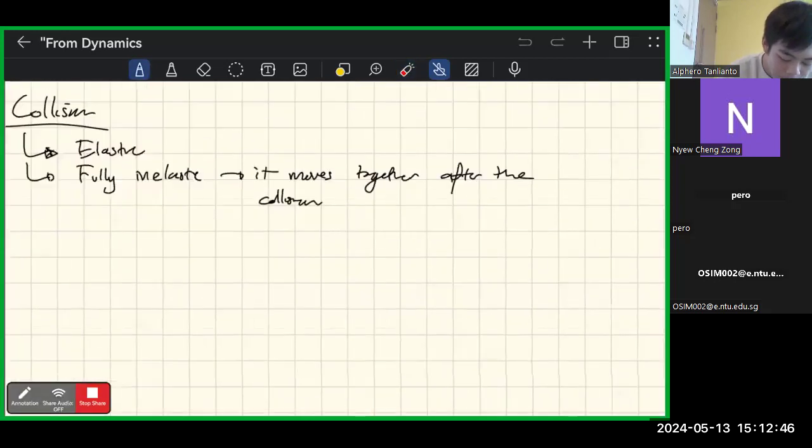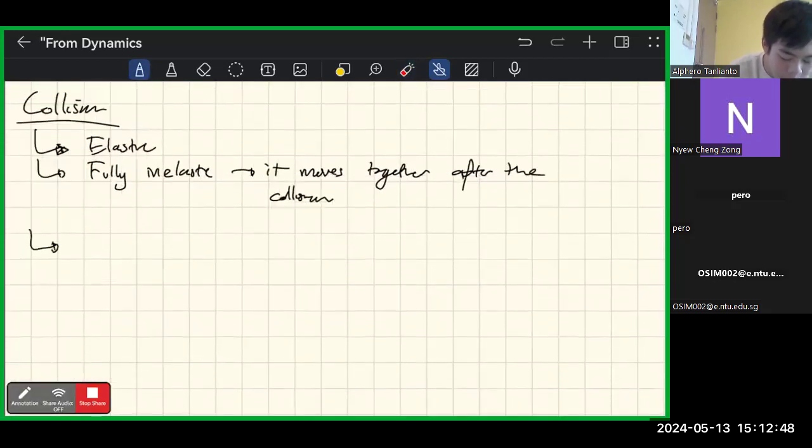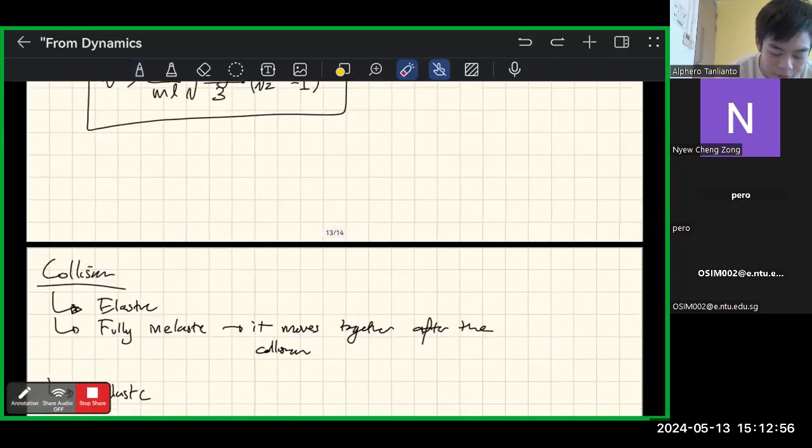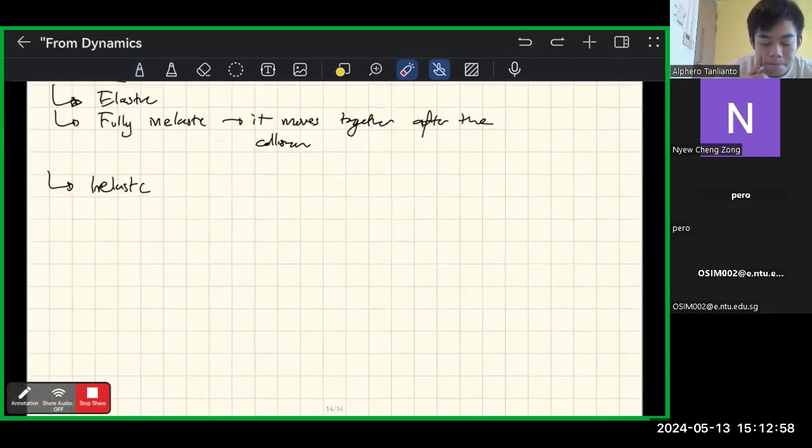Or you have a somewhat inelastic collision. It's just inelastic, meaning the energy isn't conserved, but it doesn't move together afterwards.